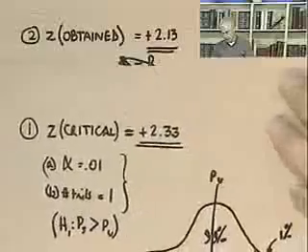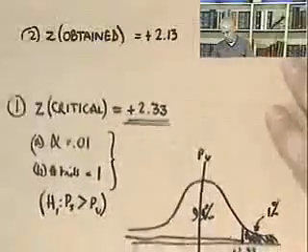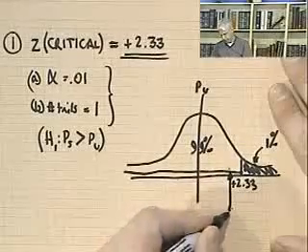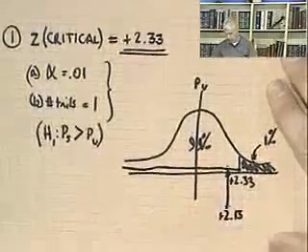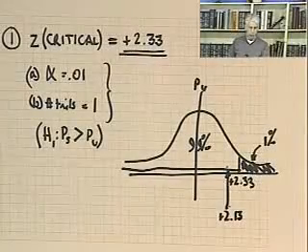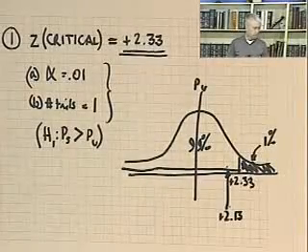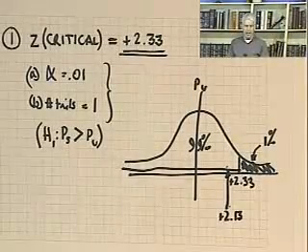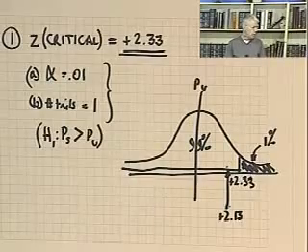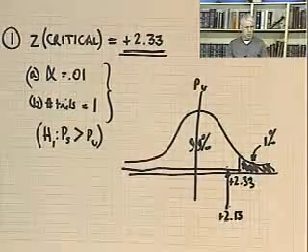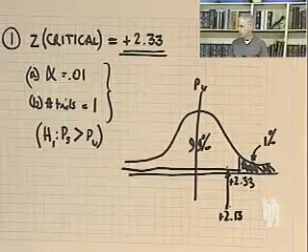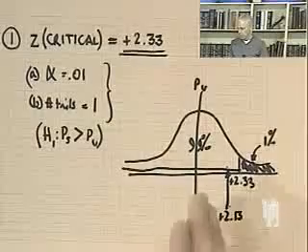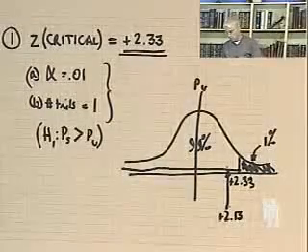We now have an obtained z-score of plus 2.13, which is somewhere in here. Do you reject or do you fail to reject the null hypothesis? Fail to reject. Is there any ambiguity, uncertainty in anybody's mind about whether you reject or fail to reject the null hypothesis? You fail to reject the null hypothesis.